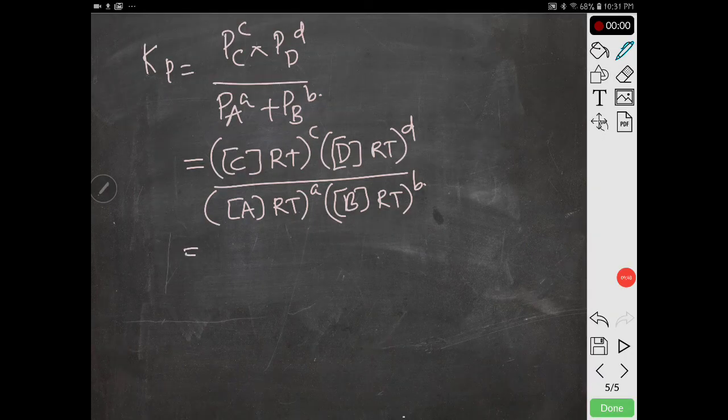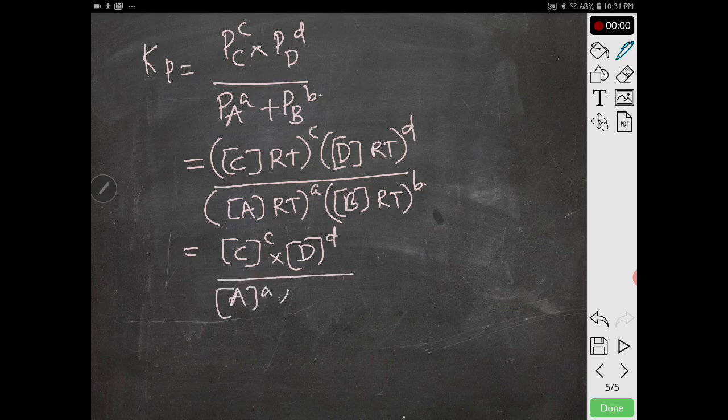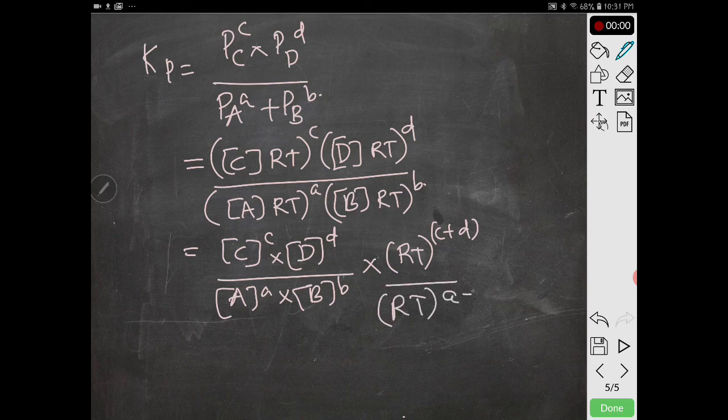You can simplify it as molar concentration of C raised to c into molar concentration of D raised to d divided by molar concentration of A raised to a into molar concentration of B raised to b, into RT raised to c plus d divided by RT raised to a plus b.